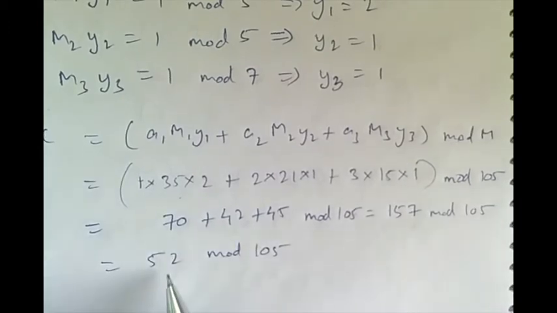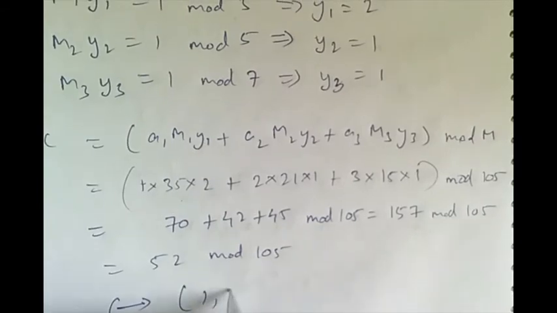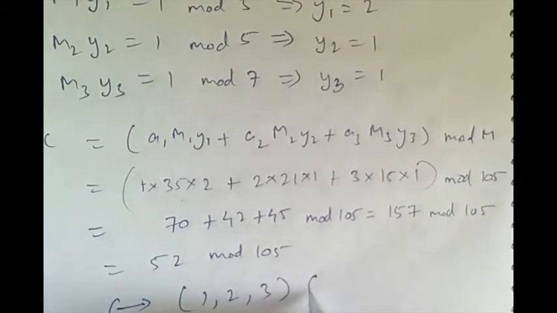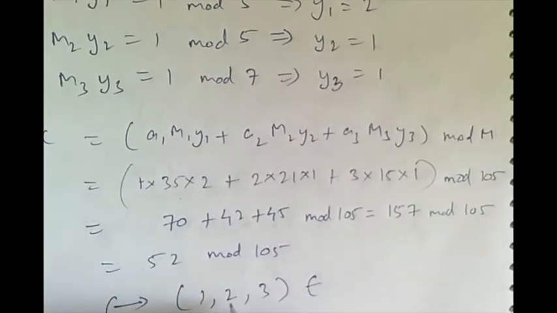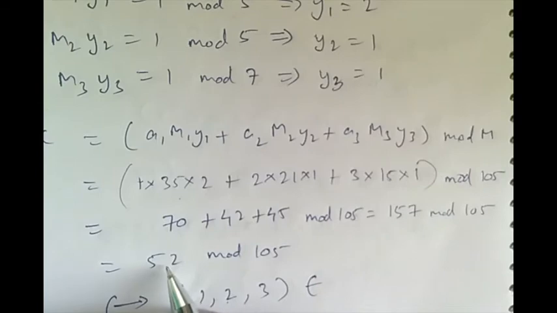And we can check if this is the right answer. So 52 divided by 3 leaves a remainder of 1. 17 times 3 is 51, so 52 mod 3 is 1. So you can check the other two also. 52 mod 5 is 2. It's 50 plus 2. And 7 times 7 is 49, so 52 mod 7 is 3.